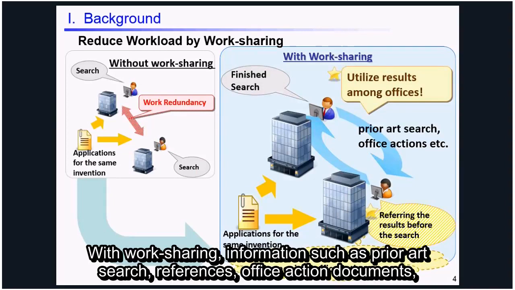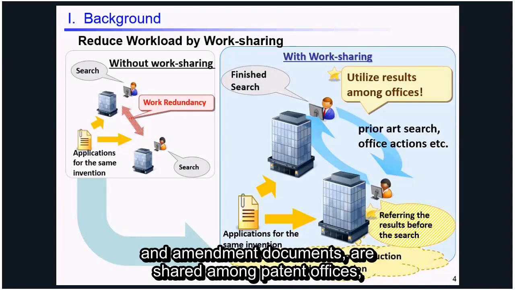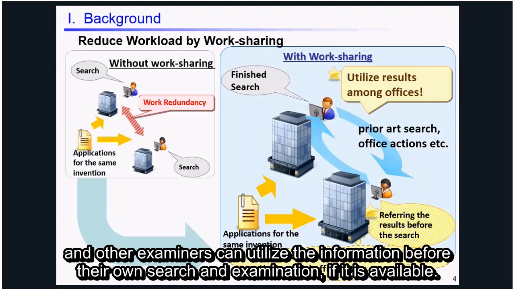With work sharing, information such as prior art search, references, office action documents, and amendment documents are shared among patent offices, and other examiners can utilize the information before their own research and examination if it is available.